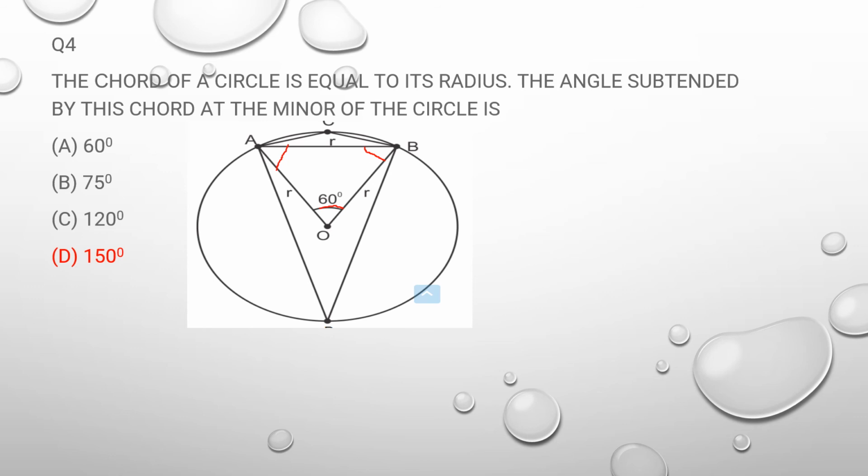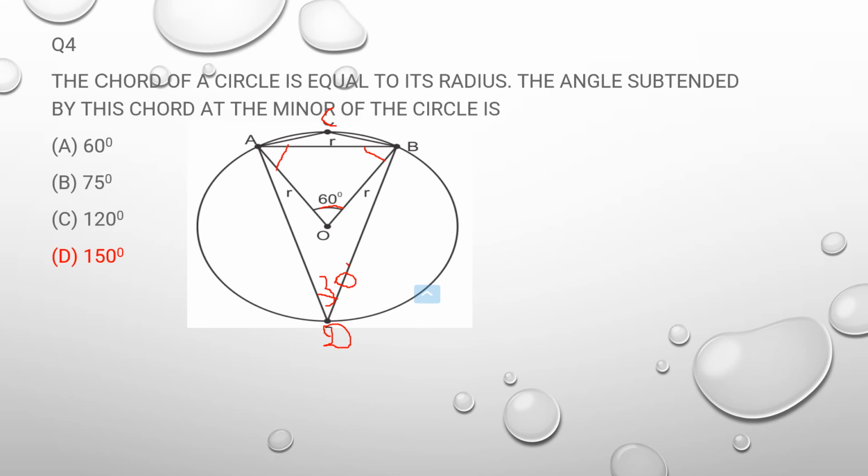And this angle AOB is formed by arc ACB, and it is at the center. That means the angle made by this same arc ACB in the remaining portion of the circle, suppose ADB, must be half, that is 30-degree.